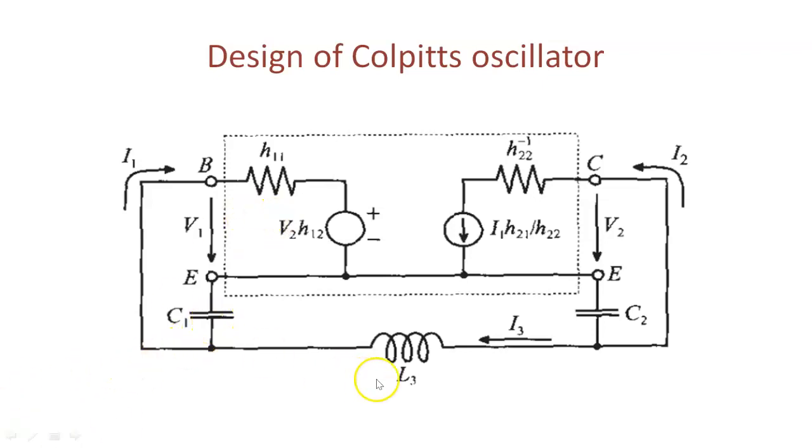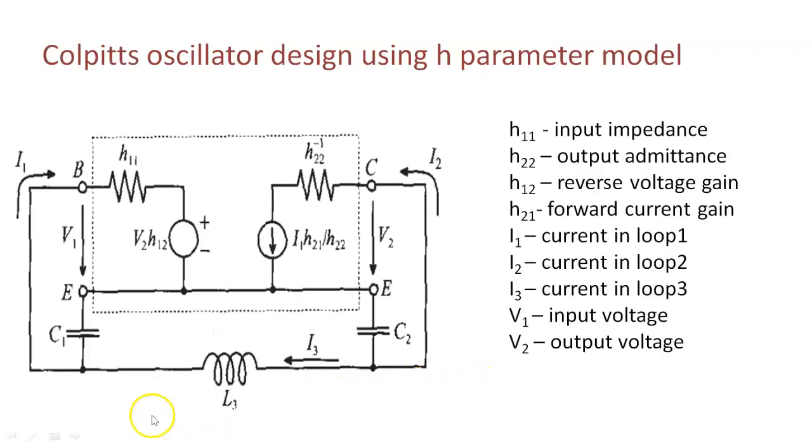The C1, L3 and C2 make up the tank circuit of the oscillator. In this figure, H11 denotes input impedance, H22 is the output impedance, H12 is the reverse voltage gain, and H21 is the forward current gain.